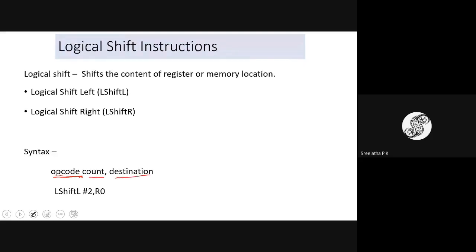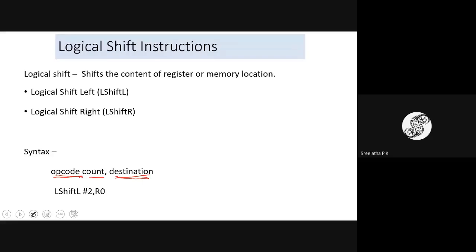So there are 2 operands. Count gives by how many bits the shift should happen, and destination is the location where the bits should get transferred.